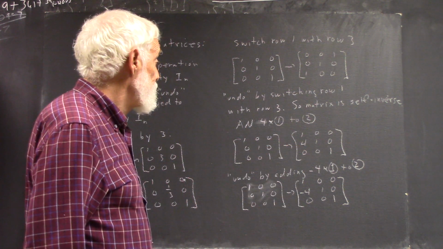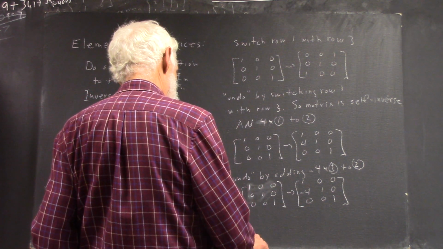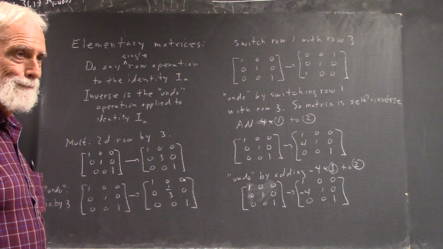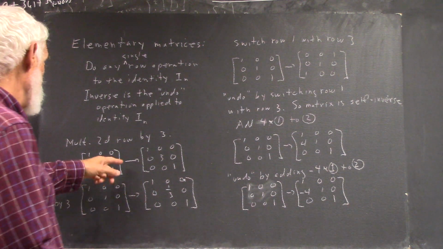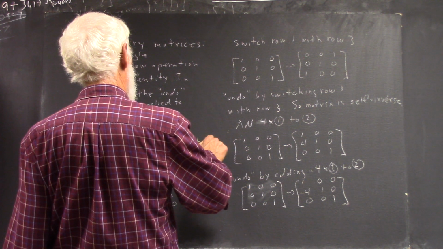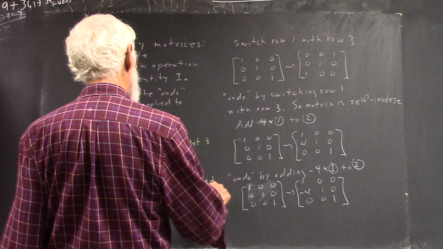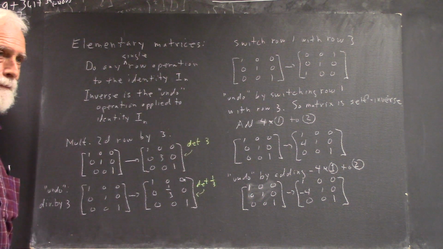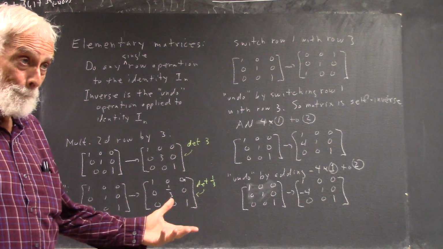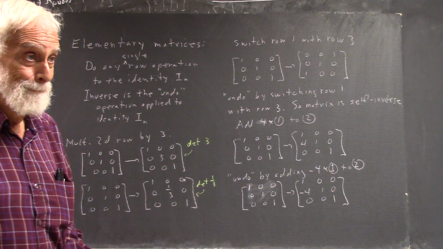Okay? Now, the determinant. What's the determinant of this matrix? Well, for this matrix, the determinant is 3. For this matrix, the determinant is 1/3. If you multiply the two matrices, the product of the determinants is 1, which it has to be because the two matrices, when you multiply them, give you the identity.